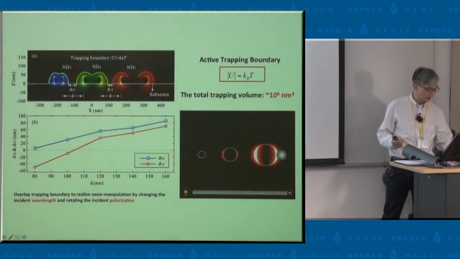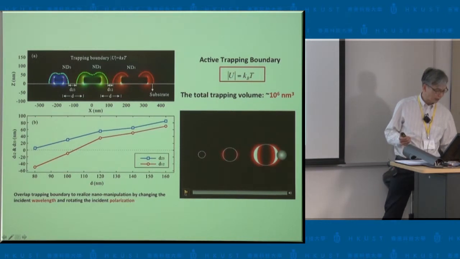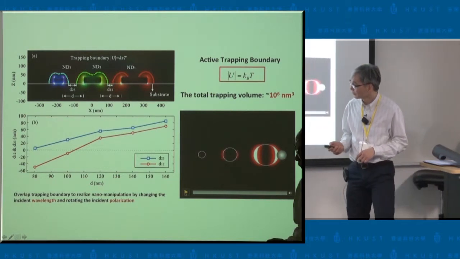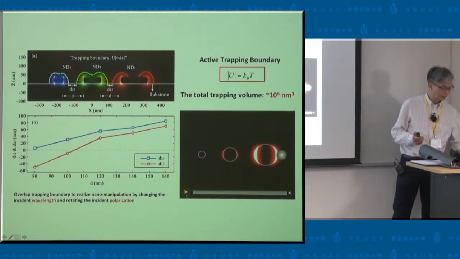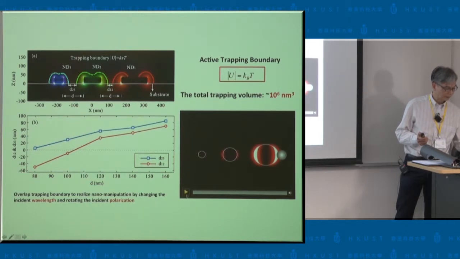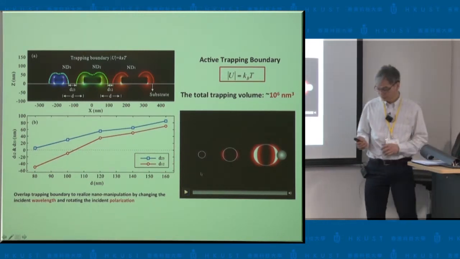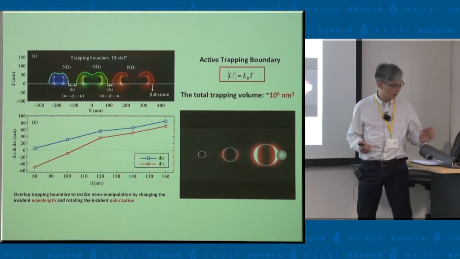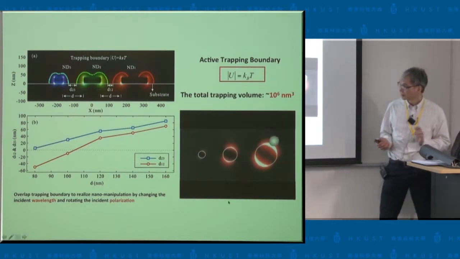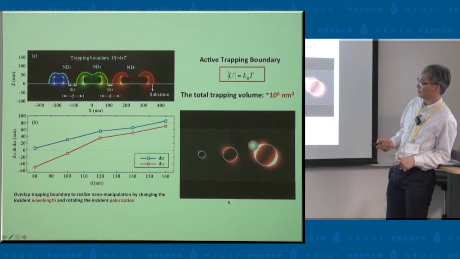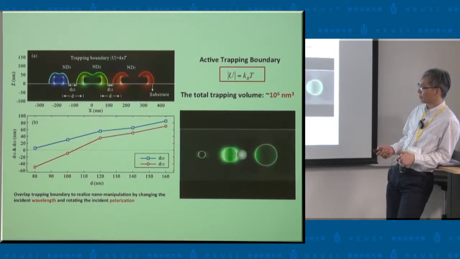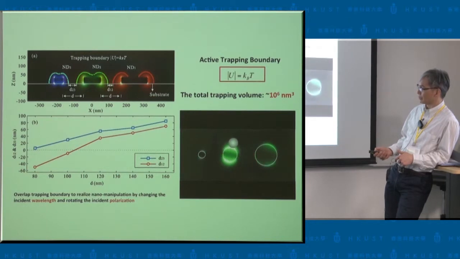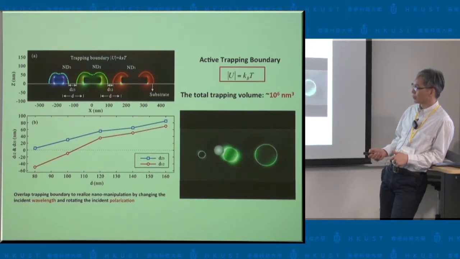So if you actually do some simulation on how we actually move the thing, in this animation, basically you can see that we can rotate the polarization, and then after we have moved to that side, we switch on the green, switch off the red, rotate the polarization, bring in the blue, switch off the green, then you can do conveyor belt.